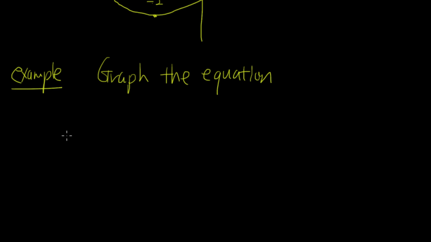The example that we have is x squared plus y squared plus 4x minus 6y plus 12 equals 0. Okay.